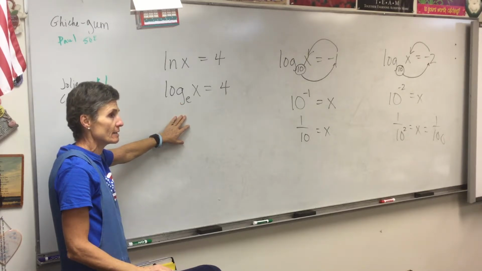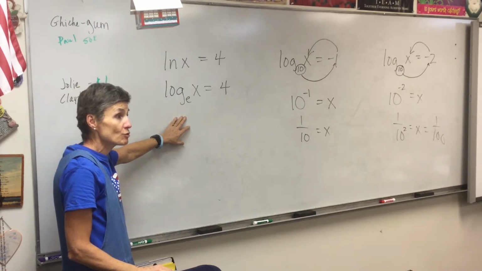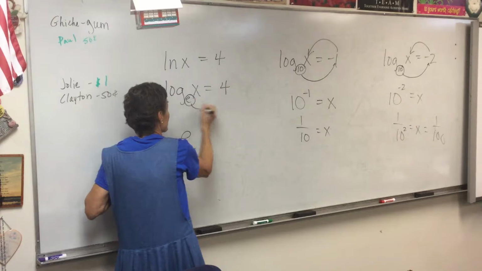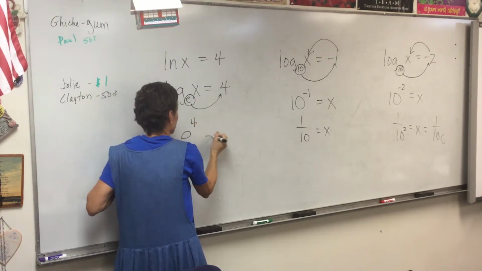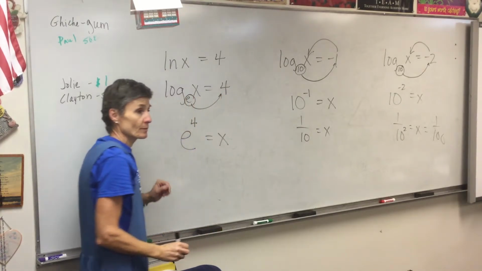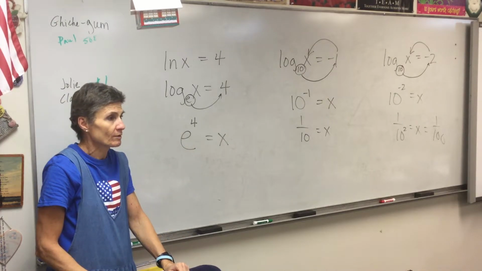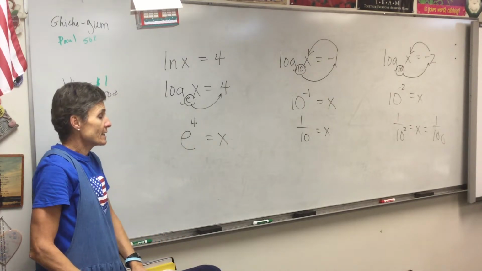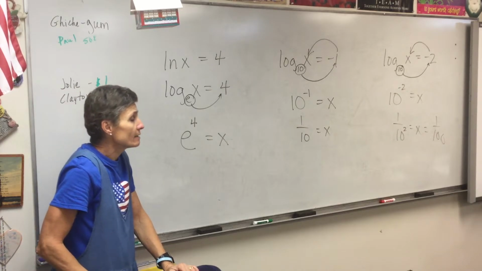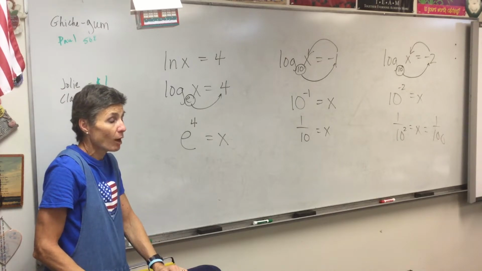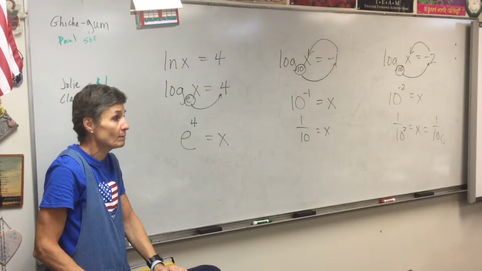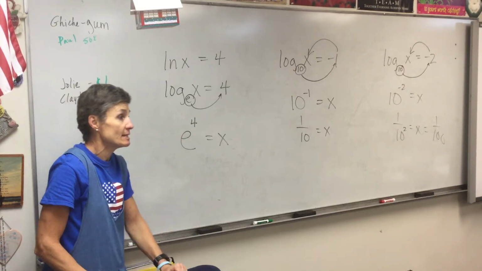That's what ln is. Now you can translate it the same way as the other ones, only now we're going to start with e to the 4th equals x. Good news is leave it just like that. The answer is e to the 4th. If you want to type that in and get a decimal, you can, but this will probably be a no calculator problem, so we'll just leave it as e to the 4th.